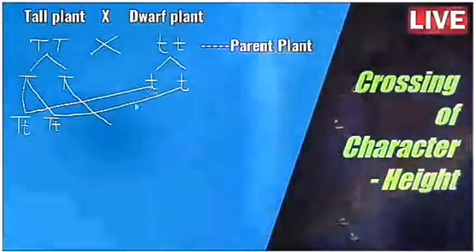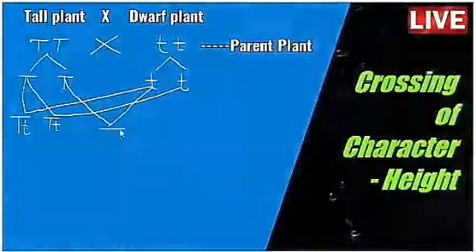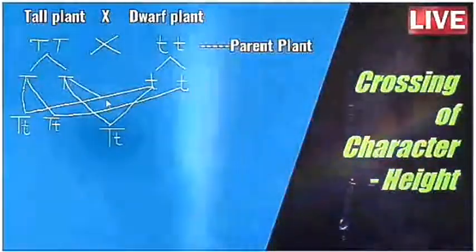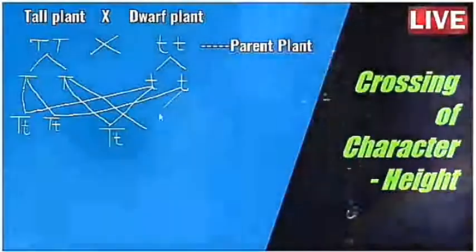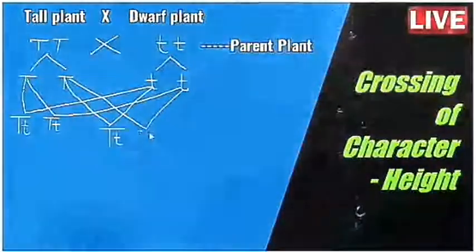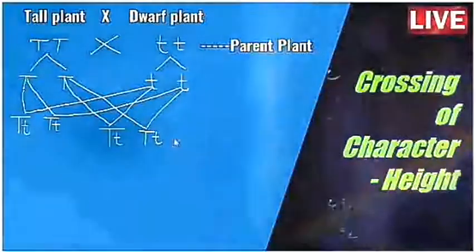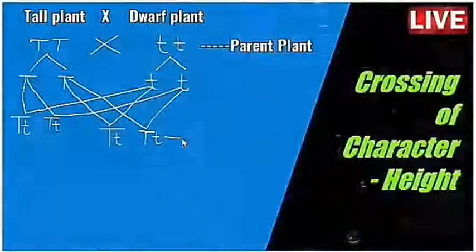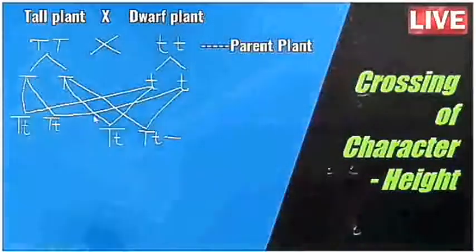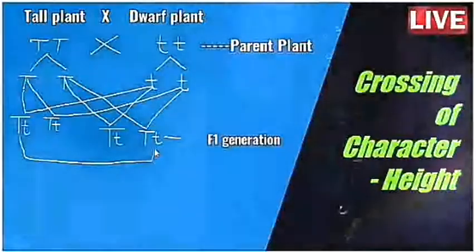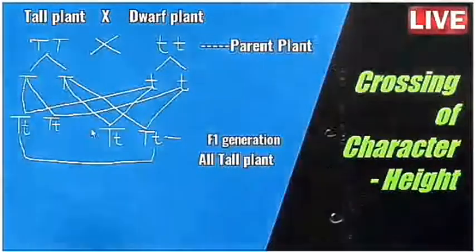We do the same for the second allele for tallness. So as we can see, all the F1 generation plants are having heterozygous tall. They are all tall.